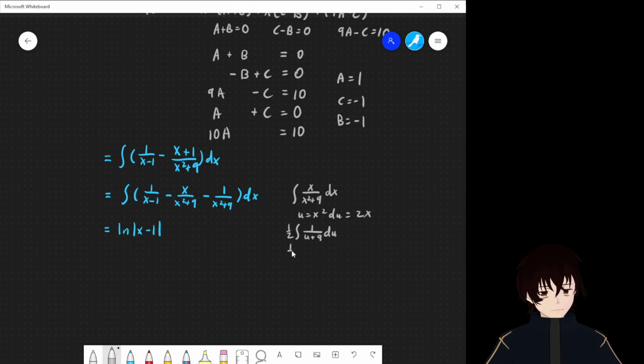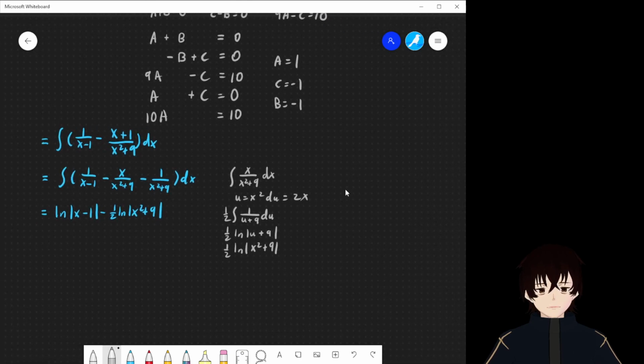So that would mean 1/2 natural log of u plus 9. So 1/2 natural log of x squared plus 9. Minus 1/2 natural log of x squared plus 9. And then comes the bad part.